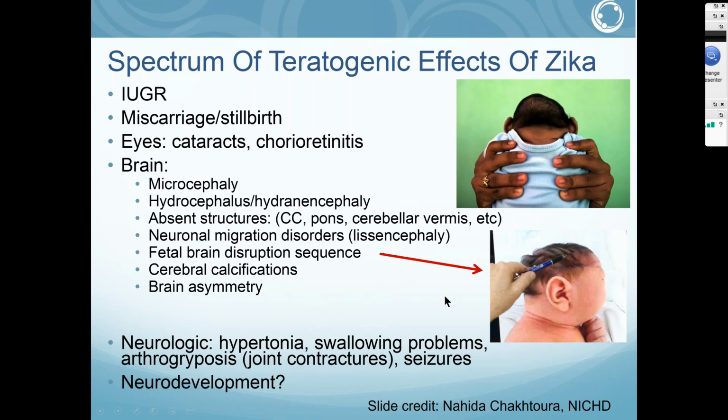It's very important that we pay attention to that and brain asymmetry that may be there. These babies have neurologic compromise, they have hypertonia, they have swallowing problems, and again, as I said, there are other findings, including arthrogryposis, which are joint contractures, as you know, and they have neurodevelopmental problems with seizures.